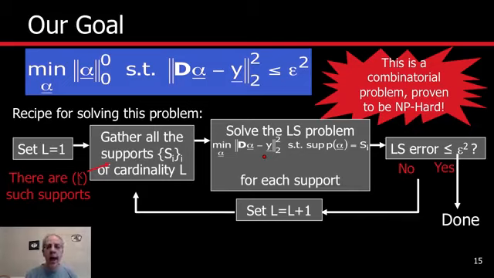So we pick every possible pair. Again, there are two chosen out of K, which is on the order of K squared, and we try all of them. We solve for each one of them this problem, again just a least squares problem, or a projection onto the subspace generated by the selected atoms. We try again, and we keep going, and we keep going.